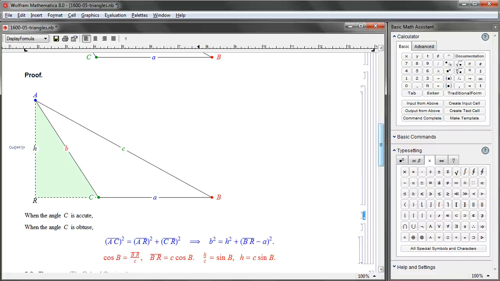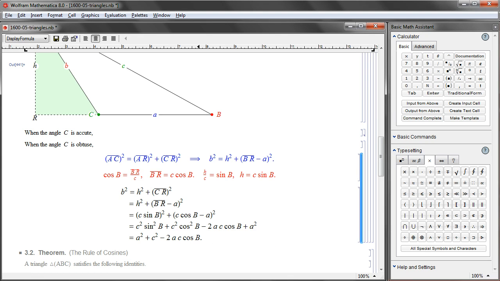So what do we have? BR is the big horizontal, so that's the adjacent side of this capital B. And therefore, we have BR is equal to c cosine of capital B. c is the hypotenuse. And also, h is the opposite, so h over c is sine of B. Consequently, h is equal to c sine of capital B. Now we are ready to plug everything into this one.